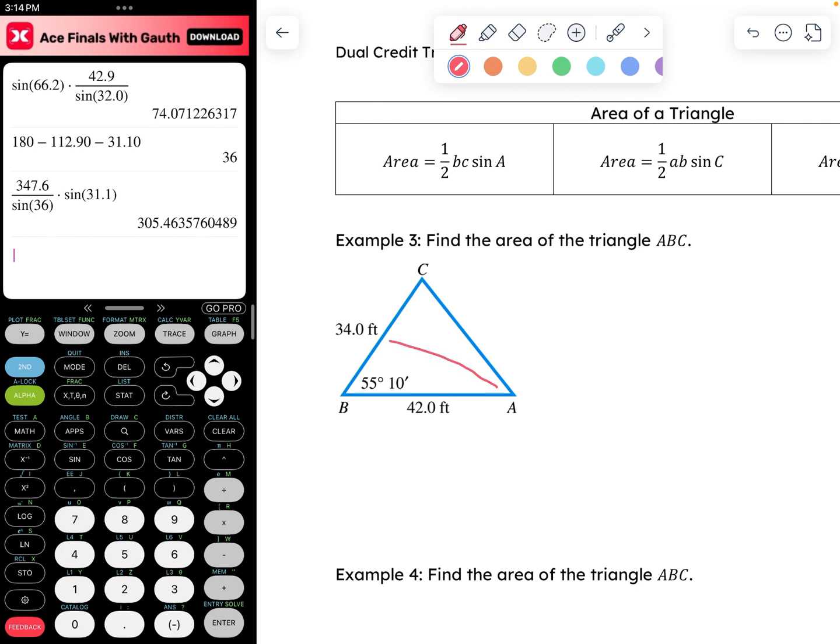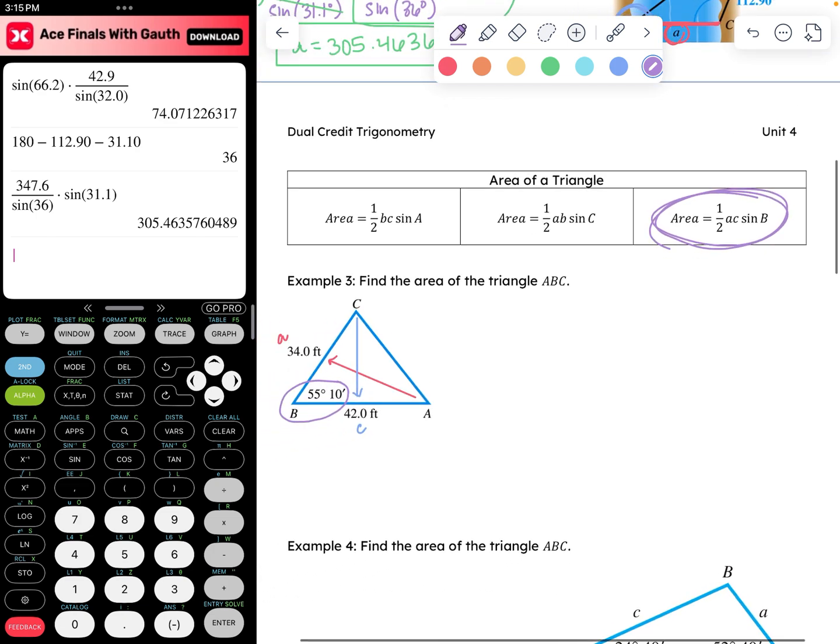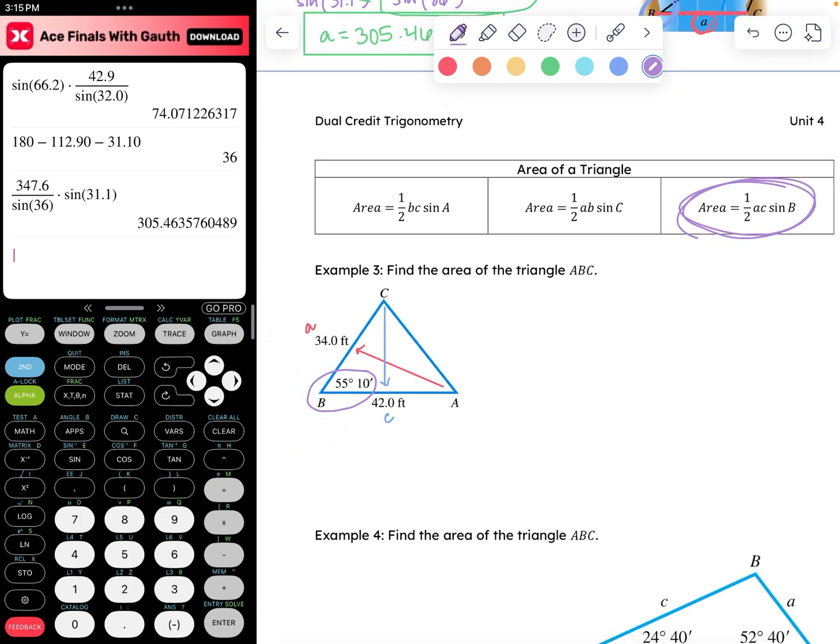Remember, across from angle A would be side A. Across from angle C down here would be side C. And then we have angle B. So that means that I would be looking at this one over here that's got side A, side C, and then angle B. So I would say that the area is equal to 1/2.